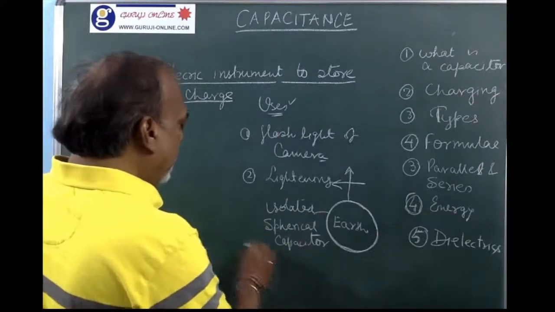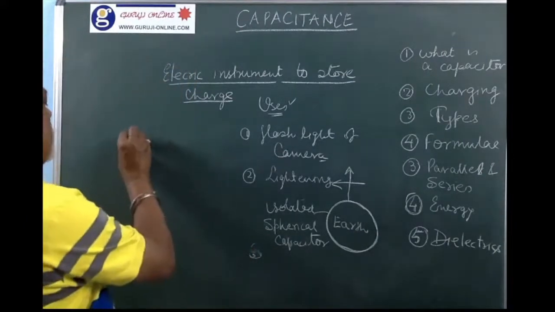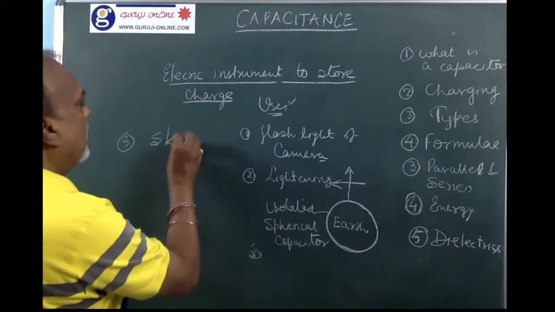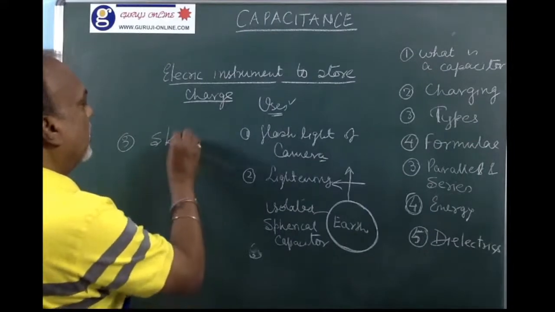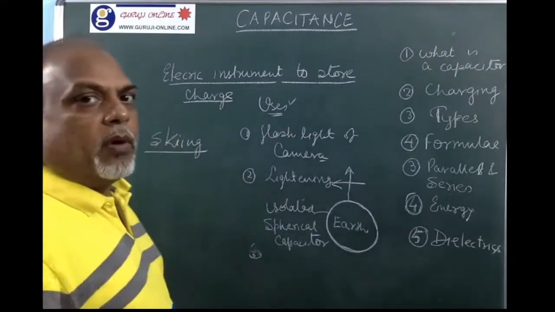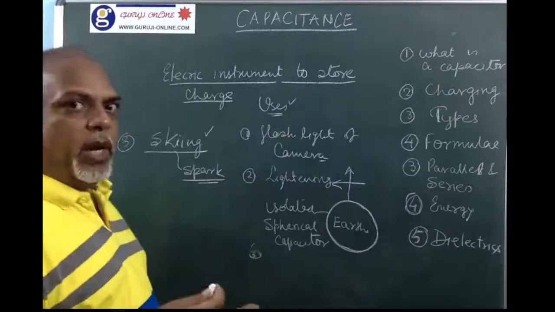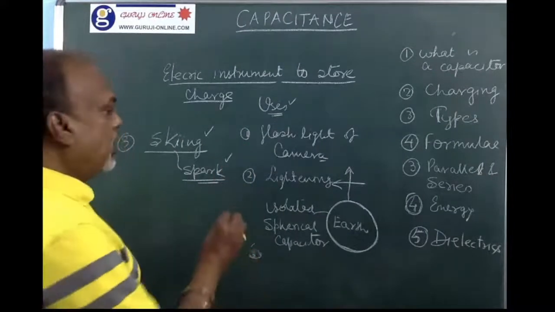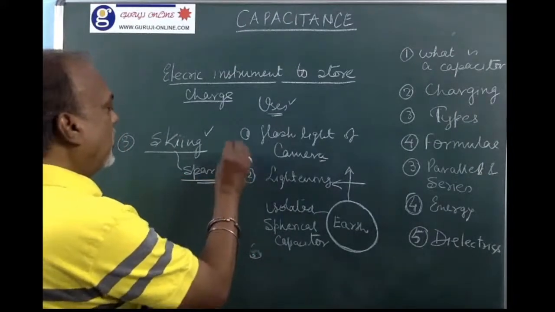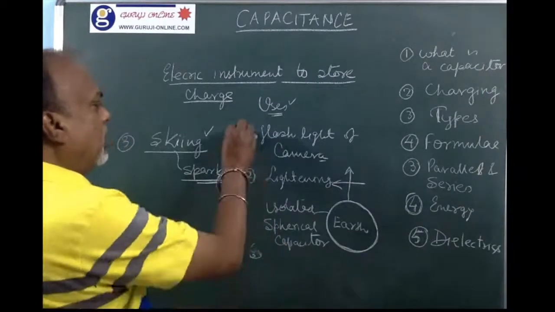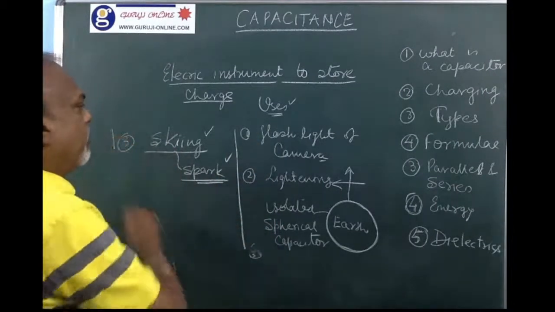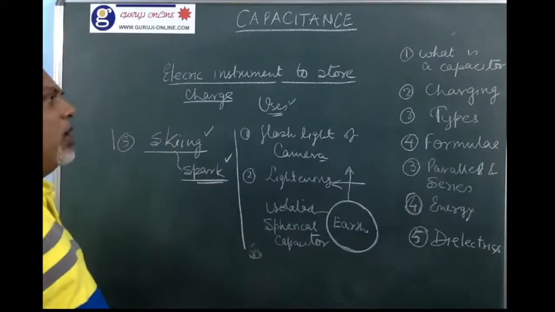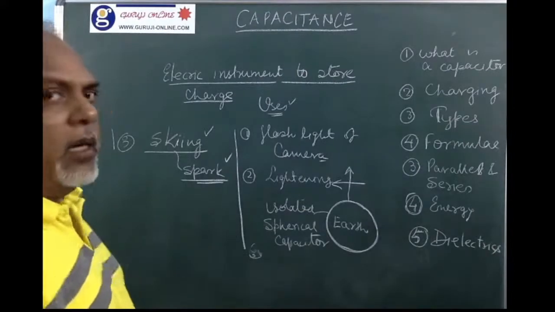Third example we can see in the case of steam, because of rubbing, charges are accumulated, and those charges discharge, and you can see the spark. So these are some natural examples you might have seen. It has a wide range of uses in our electrical industry.